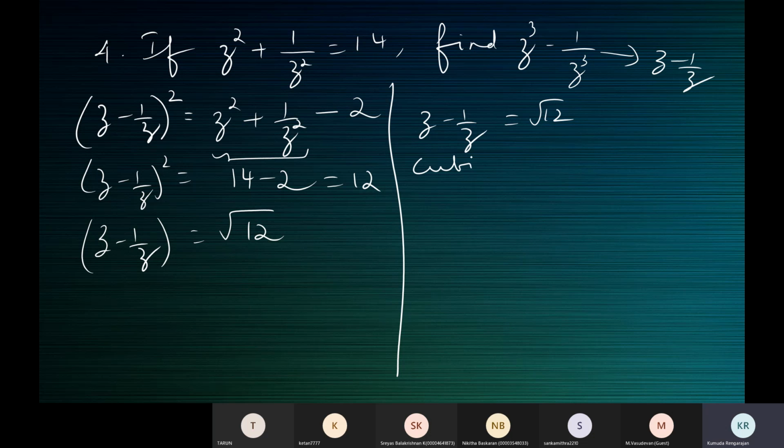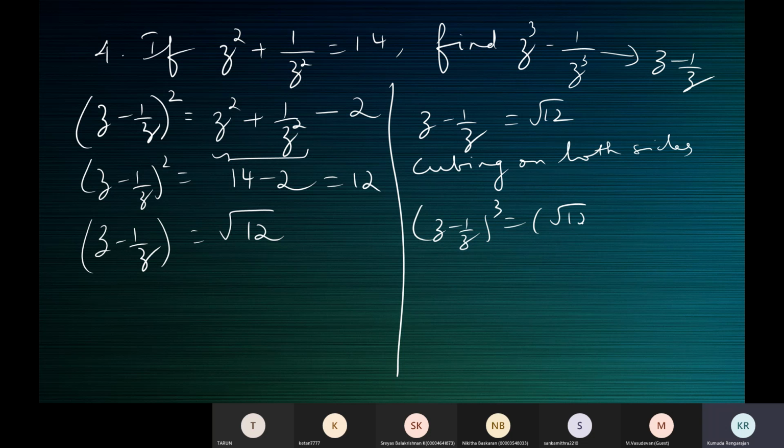Now z minus 1 by z is equal to square root of 12. Cube this on both sides. Cubing on both sides, what do we get? Z minus 1 by z, the whole cube is equal to root 12, the whole cube. Expand z minus 1 by z, the whole cube.